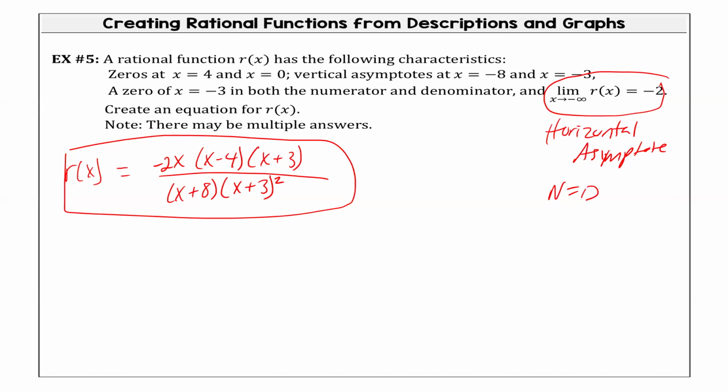Your denominator tells you about your vertical asymptote. And your limit, as you increase without bounds or decrease without bounds, describes your horizontal asymptote. So this would be the simplest form of a rational function that fits this description.